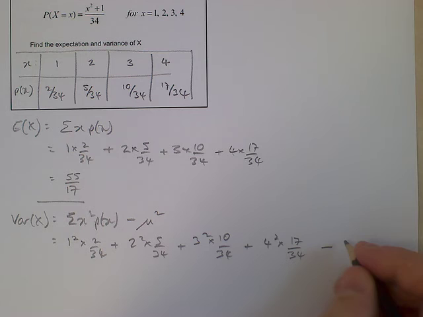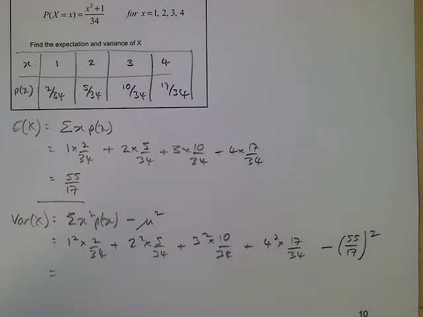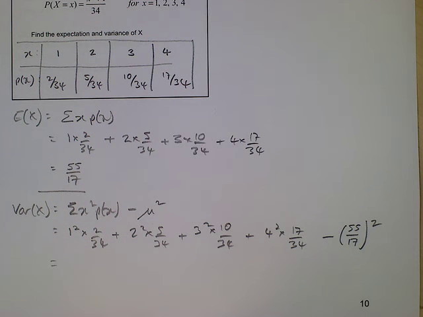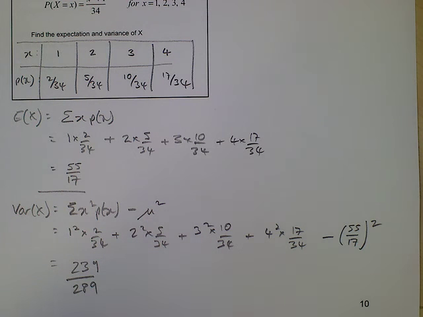Subtract the mean squared. So subtract 55 over 17 squared. I'll let you do the calculation work. I think that comes out to be 239 over 289. I'll let you check that.